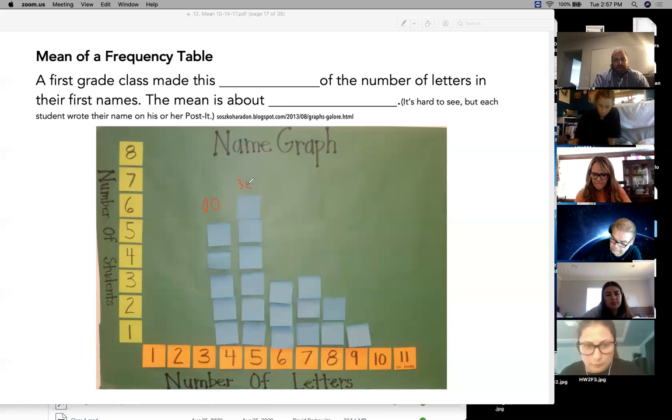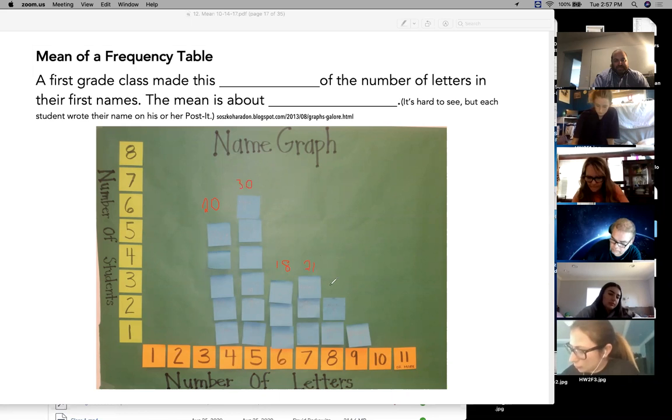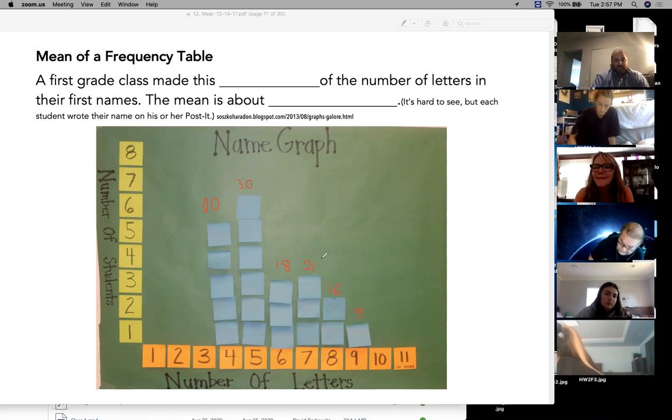How many 6s are there? 3. For a total of 18. How many 7s are there? 3, total of 21. How many 8s are there? 2, so total of 16. How many 9s are there? 1. So 20, 50, 68, 89, 105, 114.